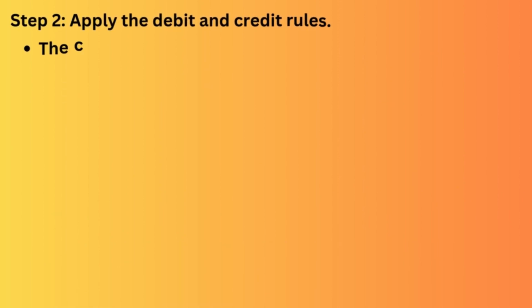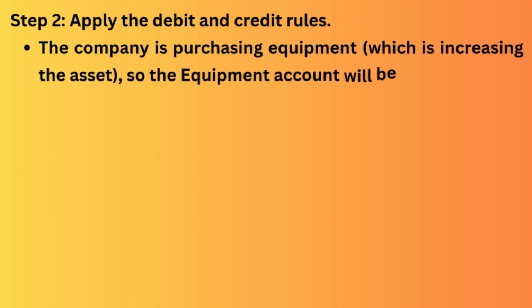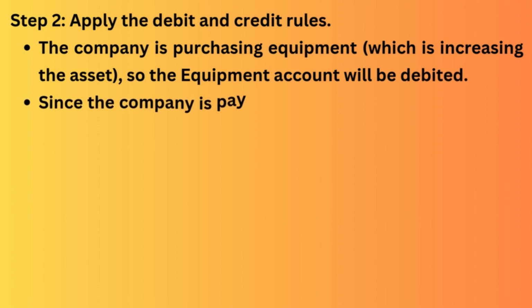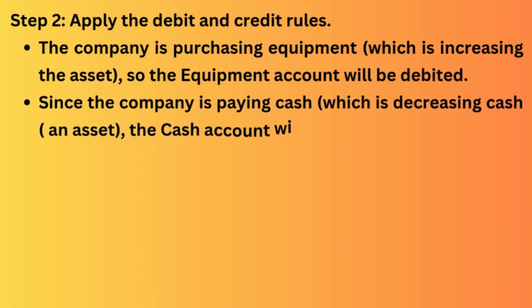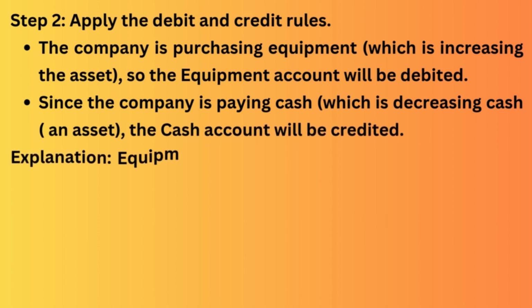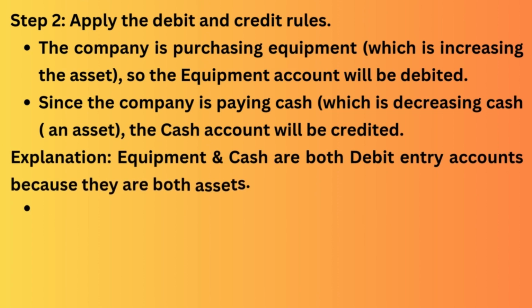Now, step 2, let's apply the debit and credit rules. The company has purchased equipment, that is, assets in the company has increased. So the equipment account will be debited. And we know that the company is paying cash, and so cash is leaving the company, and so cash is reducing. So cash as an asset, the balance will reduce.